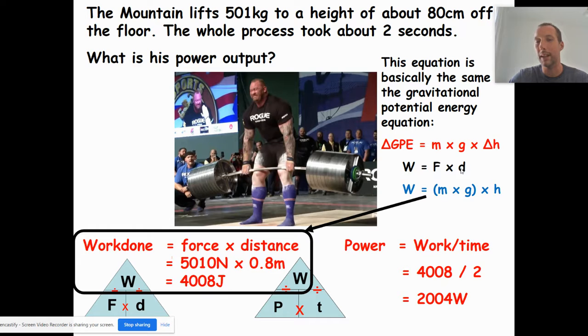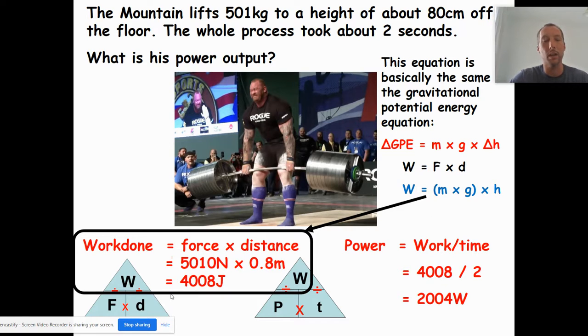So I've turned this black work done equals force times distance equation into this blue one, which basically means the work done is equal to mass times g times h, which is the same as the change in gravitational potential energy. So when the man lifts up his weight and he transfers 4,008 joules of energy, he transfers that into gravitational potential energy. So the weights he's just picked up have gained 4,008 joules of gravitational potential energy.